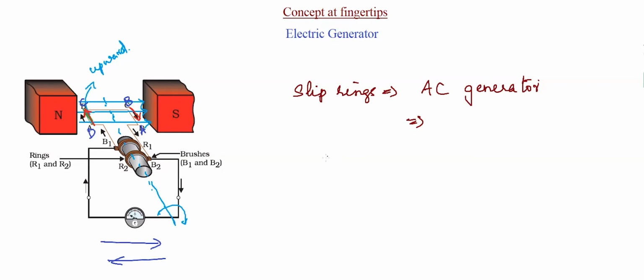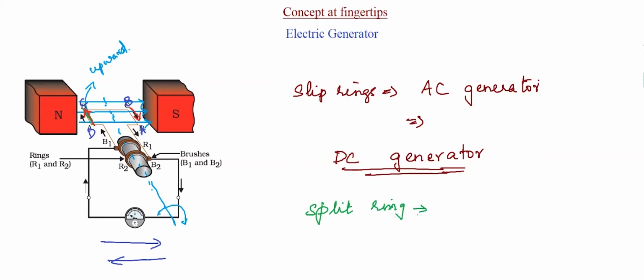Now, what if we want a DC generator? DC generator means the current direction is the same every time. In that case, we use a ring called a split ring. The working of the split ring as a commutator was studied in detail in the topic electric motors. Here the split ring is a complete ring split into two halves.